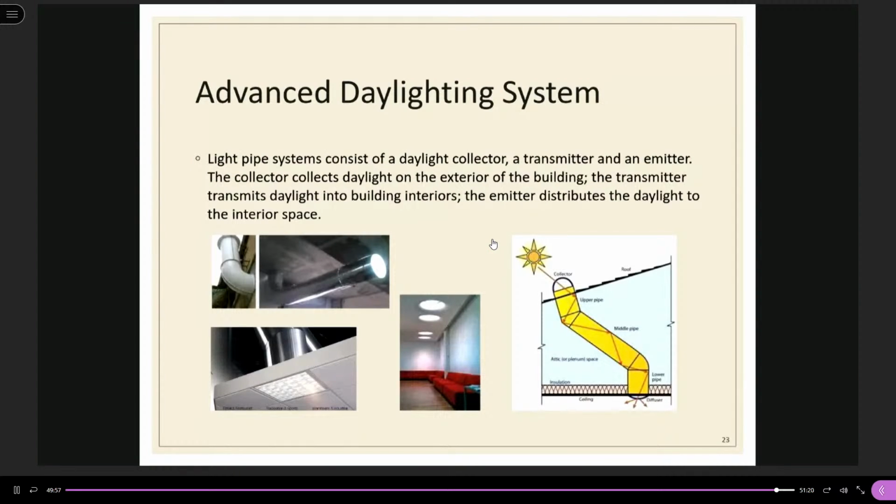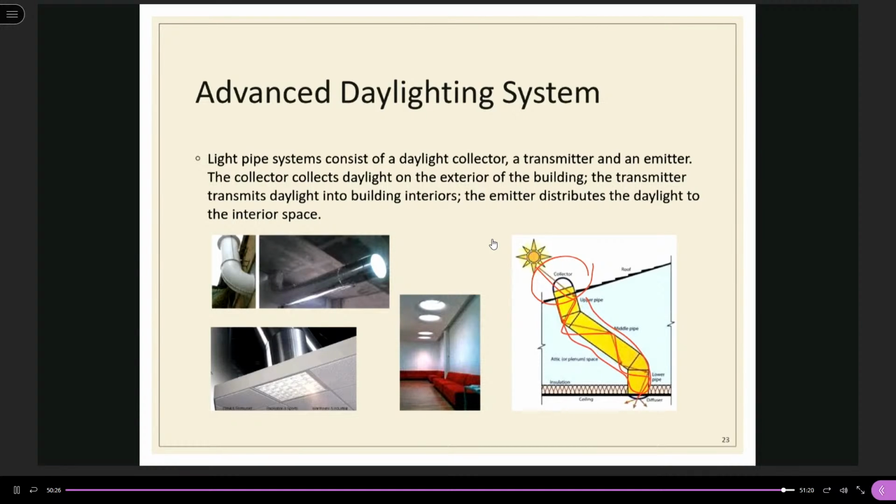Another daylighting system is the light pipe. A light pipe system consists of a daylight collector, the opening maybe on the rooftop of the building. And then there is the transmitter, to transmit the sunlight, the daylight, into the emitter.